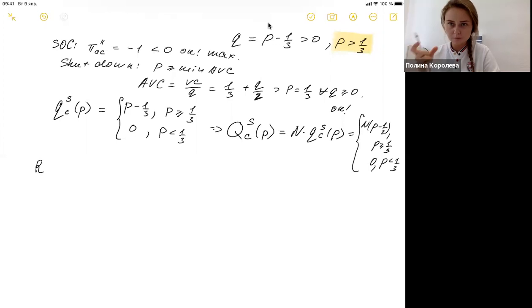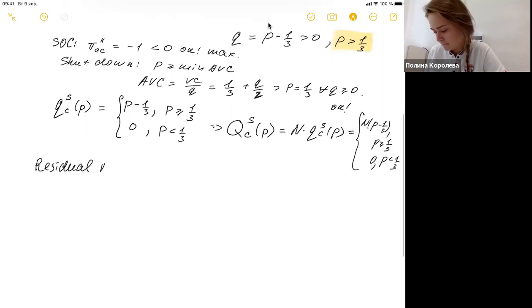So the last part, the residual part, belongs to monopoly, and monopoly works only with residual demand in the market. Residual demand. This is total demand minus market supply of competitive firms.